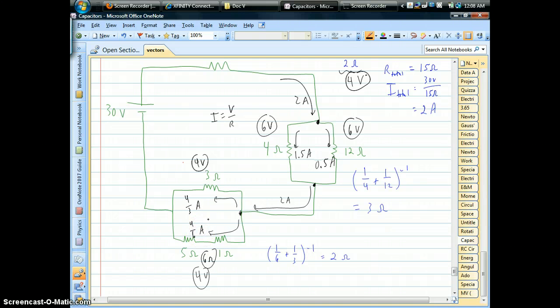Are we correct? Well, 4/3 amps is the same as 8/6 amps. 8/6 plus 4/6 gives you 12/6, which is 2 amps. That adds up to the total. Looking pretty good. That must mean that we're correct.